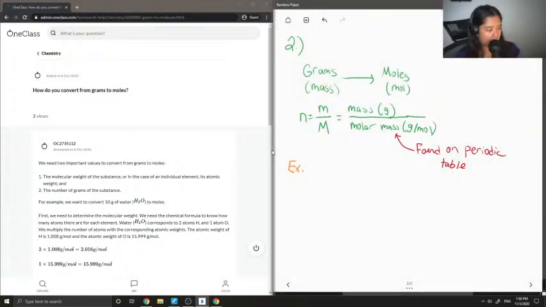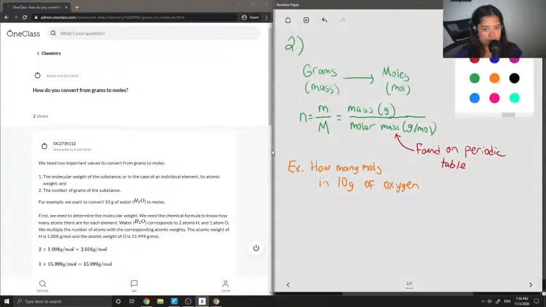So let's say I wanted to find how many moles are in 10 grams of oxygen. So there are 10 grams, and the molar mass of oxygen is 16 grams per mole.